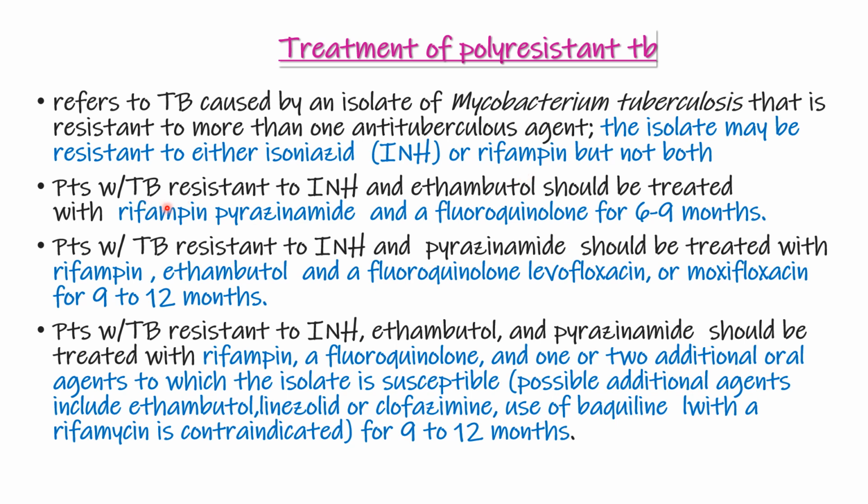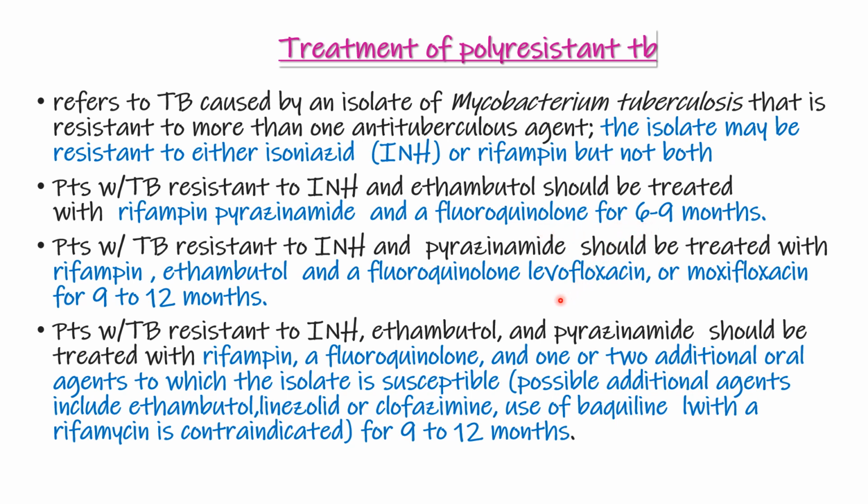So patients with TB resistant to isoniazid and ethambutol. Now we are going one by one, and we said rifampin resistance we treat as multi-drug resistant, so we're just going to deal with isoniazid plus another drug. Patients with isoniazid and ethambutol resistance should be treated with rifampin, pyrazinamide, so just remove the two drugs, and then you add a fluoroquinolone and lengthen the period to 6 to 9 months.